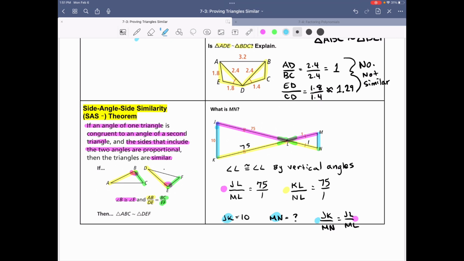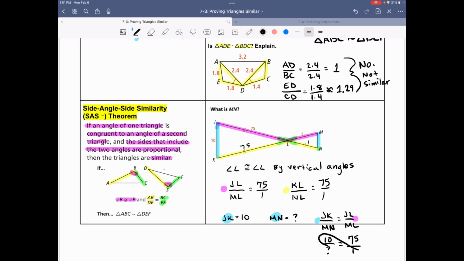Let's just plug in the numbers for those. JK is 10, MN is what we're looking for, JL was 75, ML is 1. Now we just cross multiply and divide.